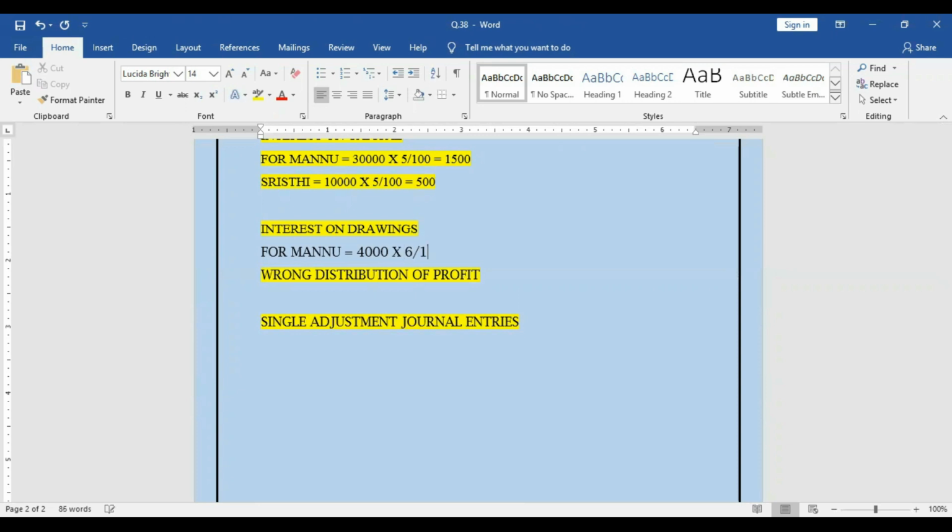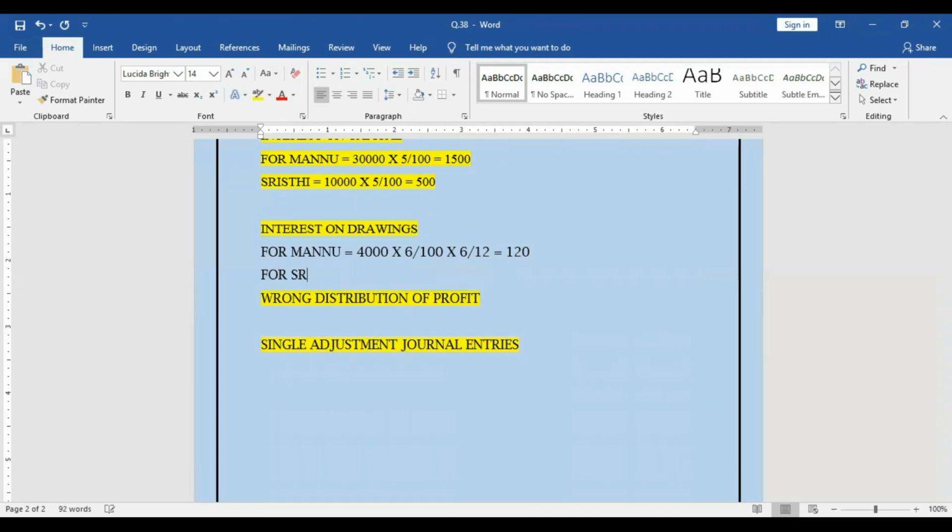On average 6 months, therefore 6 by 12. And for Srishti, the same rate 6%, for 6 months only, so 6 by 12, which gives 60.